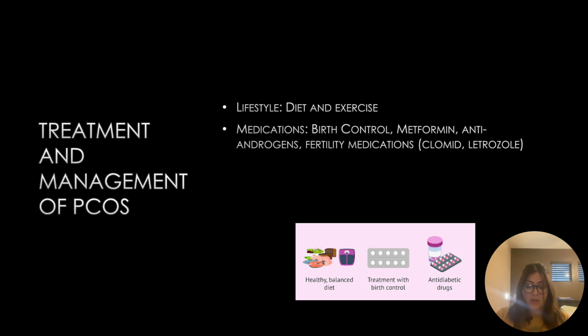For those trying to get pregnant, fertility medications like Clomid or Letrozole help stimulate ovulation. And of course, lifestyle changes, especially exercise and watching what you eat, are shown to improve symptoms, regulate your cycle, and reduce insulin resistance. If you lose even 5 to 10% of your weight, it can make a huge difference with PCOS.